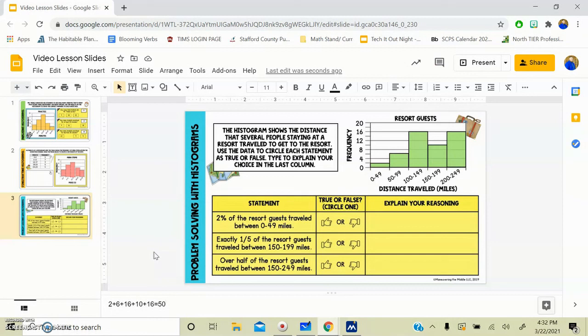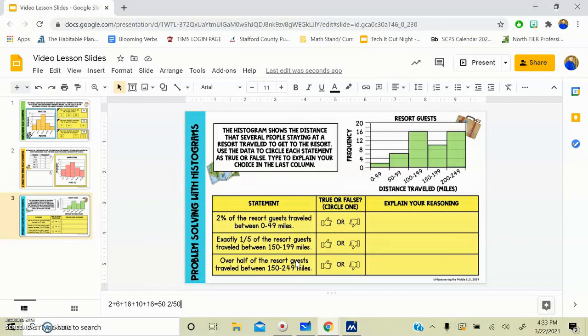So now I want to figure out what is 2% of that. There's a couple ways I can do that. I can do 2 people, because in my 0 to 49 miles, I have 2 people. When I do that, I do 2 divided by 50.